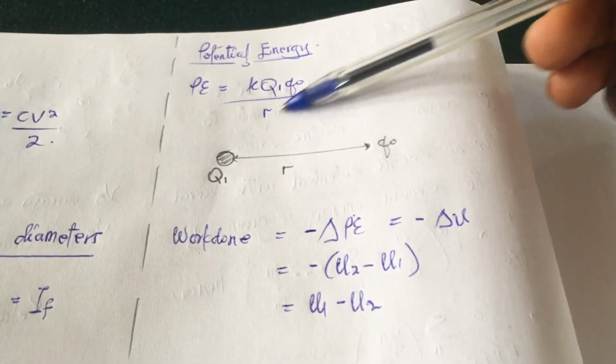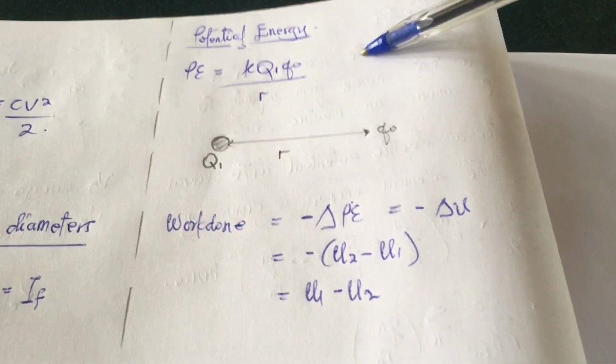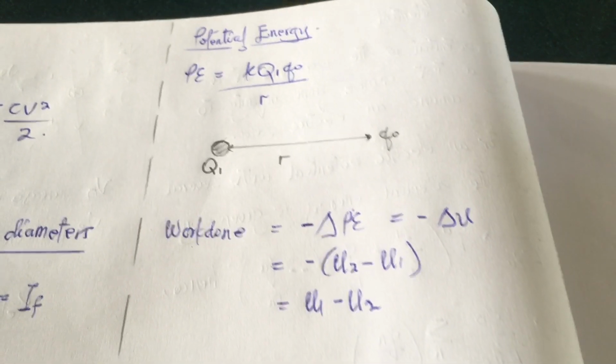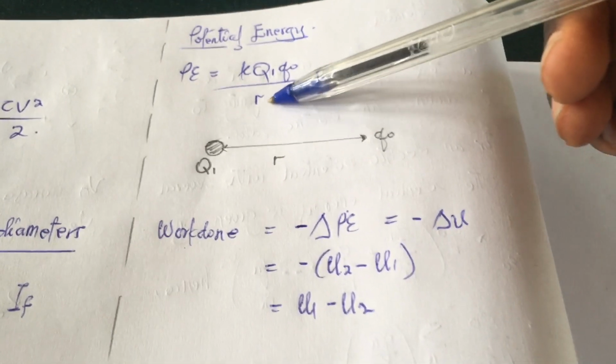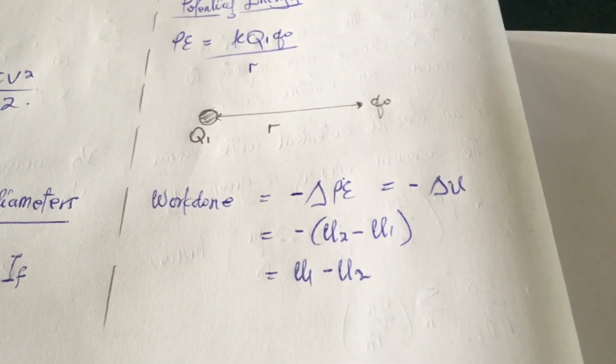If R is very, very large, then you are going to get 0. Assume you are using a limit, the limit will be approaching 0. It will automatically give you 0 on your calculator. If you have a very large number in the denominator, you are going to get 0.